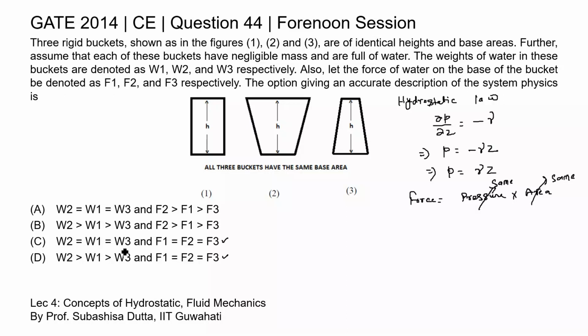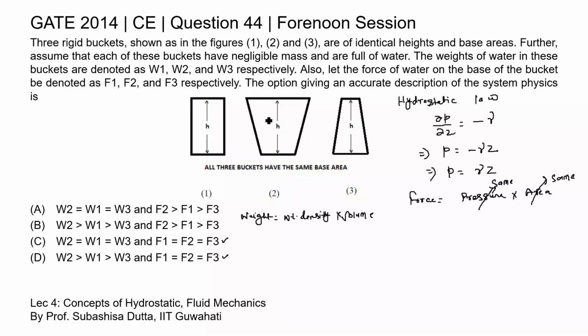Now, we try to see the relationship among the weights of these buckets. Now, we know weight equals weight density into volume. So, weight density will be same for all these three fluids. Why?